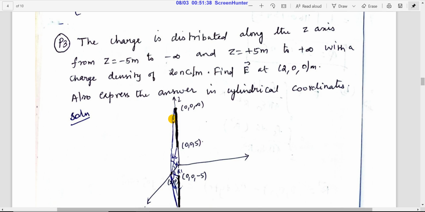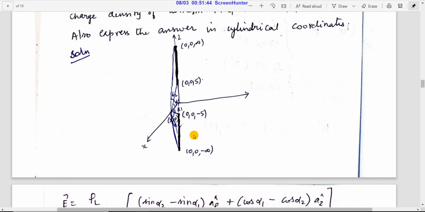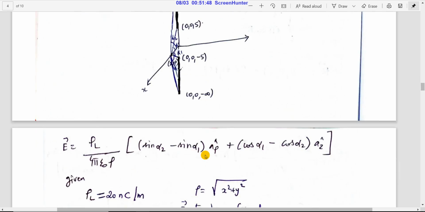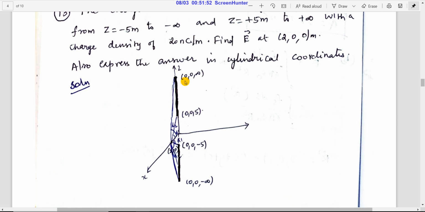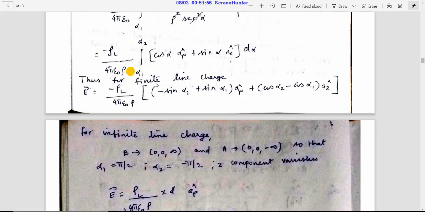So we have to take the segments. The first segment is 5 to infinity. The second segment is minus 5 to minus infinity. To find the electric field, we have this formula.